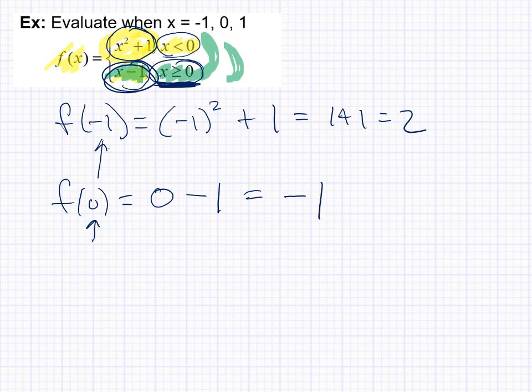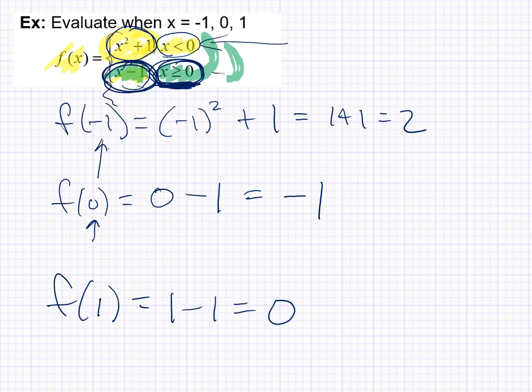And then finally, f of positive 1, again, greater than or equal to 0, use this piece, 1 minus 1 gives me 0. So piecewise functions can come in all shapes and sizes. There's no limit to the number of pieces you would have. As long as you know what x values are going to go to which piece, you can work with that function just as well as any other.